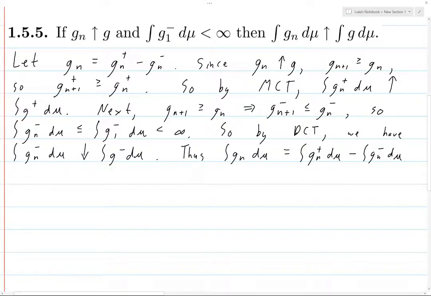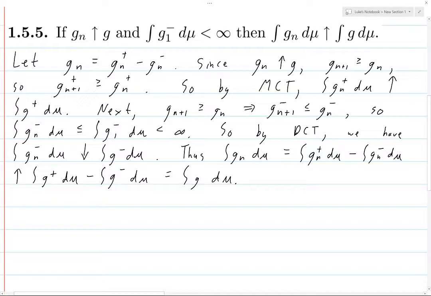So the integral of gn plus is going to increase to the integral of g plus, and the integral of gn minus d mu is going to decrease to the integral of g minus d mu. So minus the integral of gn minus d mu is going to increase to minus the integral of g minus d mu. And this is precisely the integral of g d mu. And that's what we wanted to prove.